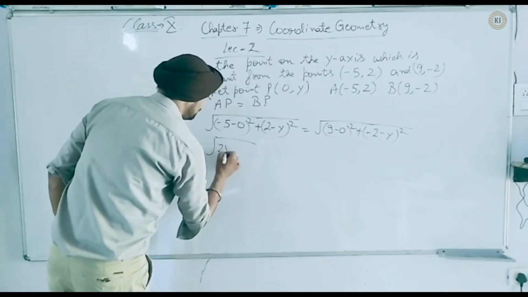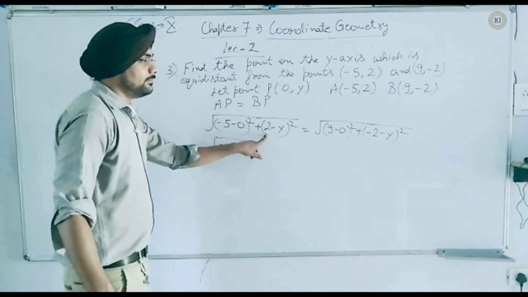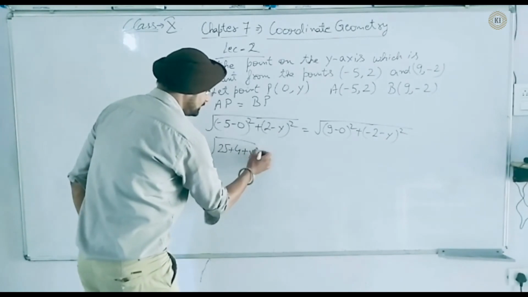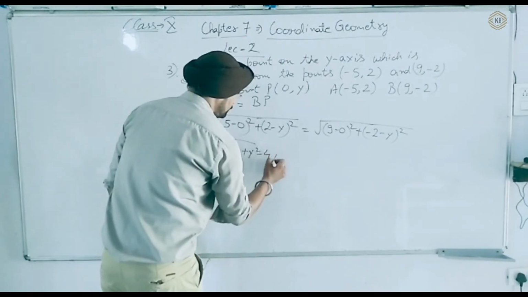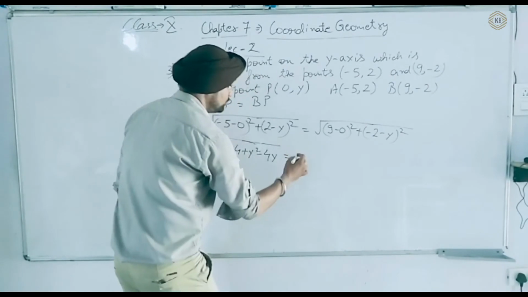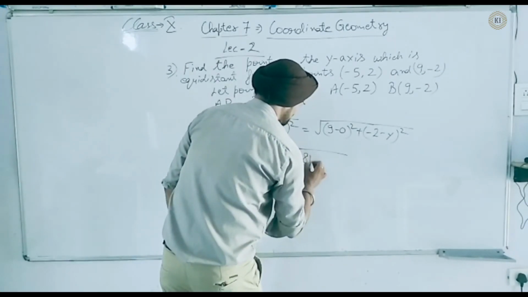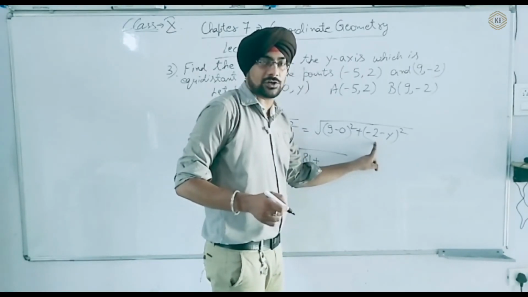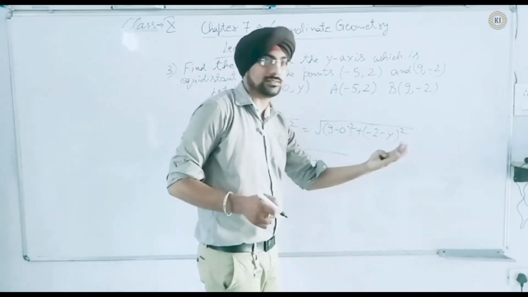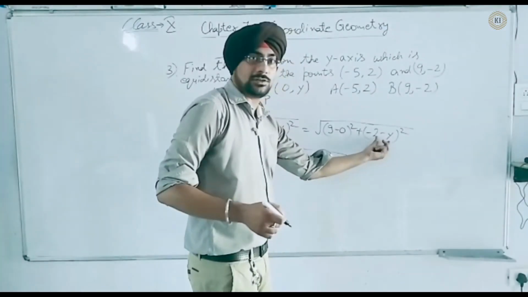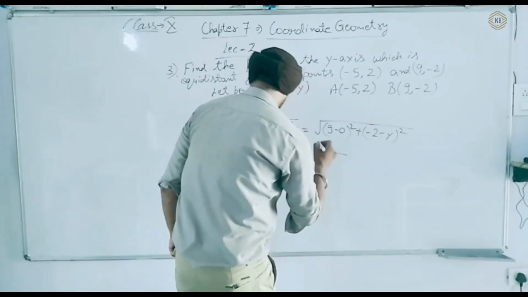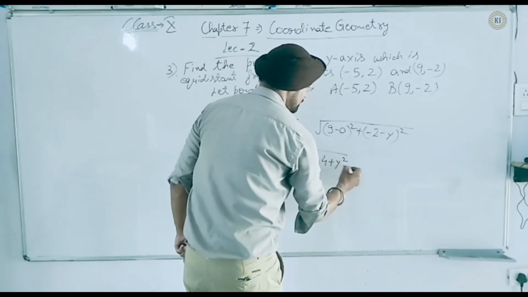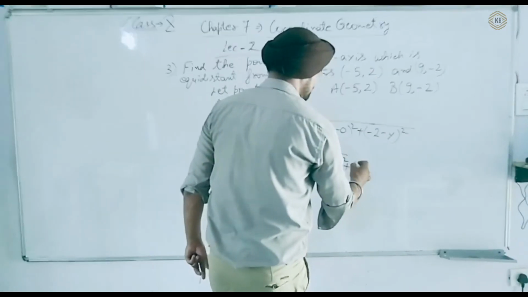Under root we can write 25 plus, here we apply the formula of a minus b whole square, a square plus b square minus 2ab, equal to 9 square will be 81 plus, this will become 2 plus y whole square, because minus we will take outside, so minus will become plus. So here we can write the a plus b whole square formula, a square plus b square plus 2ab, that is 4y.